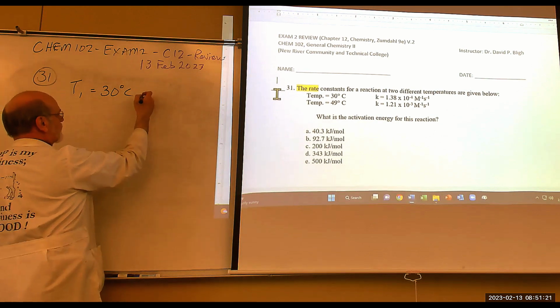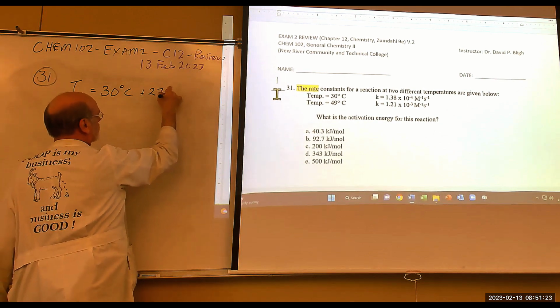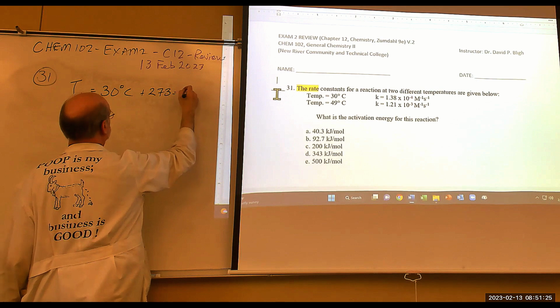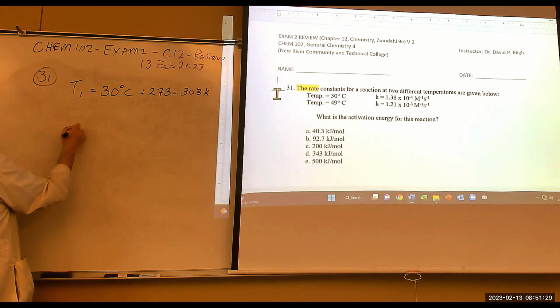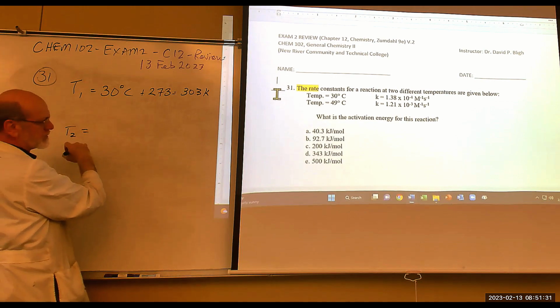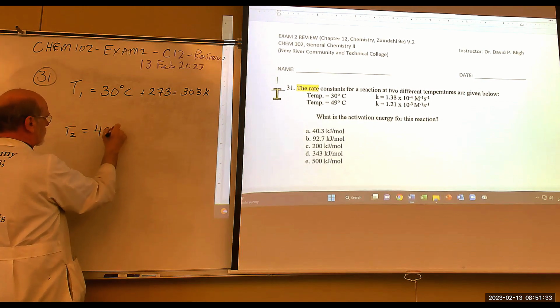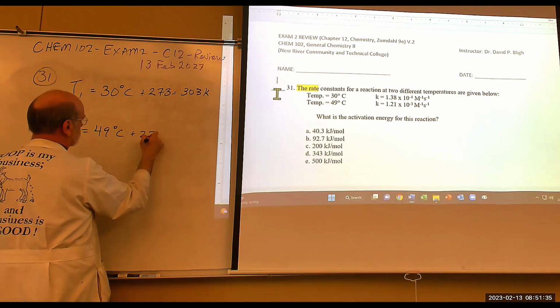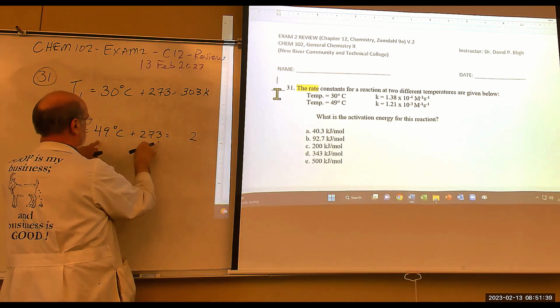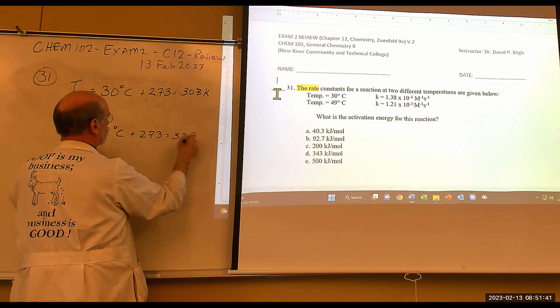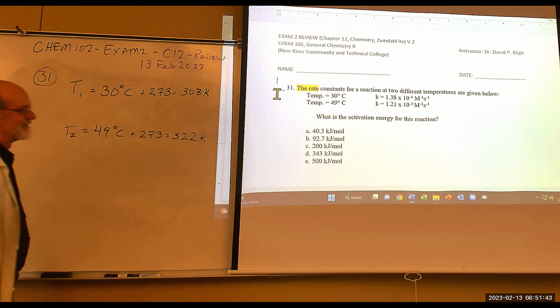So we know we're going to have K to do this calculation. That's 303 K. Might as well put it in there. And T2 is 49 plus 273 equals 322.